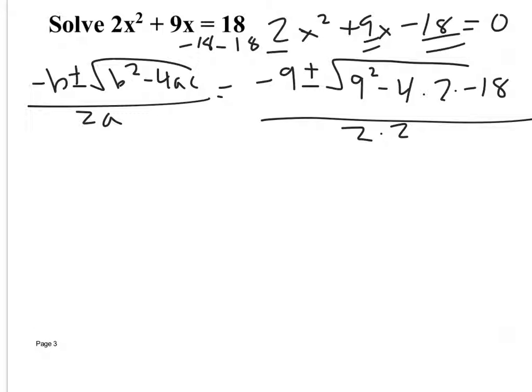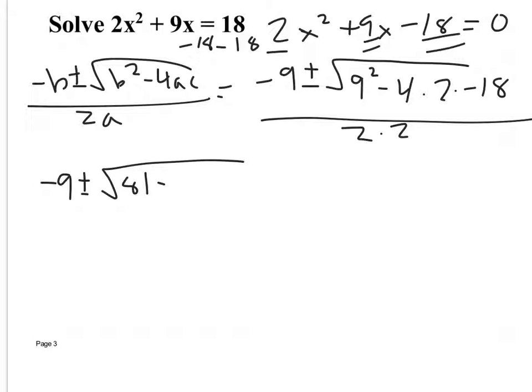So now you just simplify and work out as much as possible. Negative 9 plus or minus, 9 squared is 81, minus 4 times 2 times negative 18. So 8 times 18 is 144.